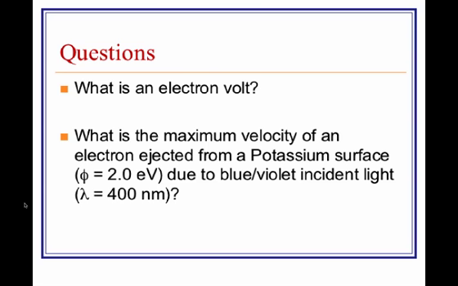And then finally, the calculation question that I've talked about and referred to earlier: what is the maximum velocity of an electron ejected from a potassium surface with a work function of 2.0 electron volts due to blue or violet, whatever you want to call it, incident light that has a wavelength of 400 nanometers. I've done this problem almost 75% of the way, so you can go through and do it on your own now.